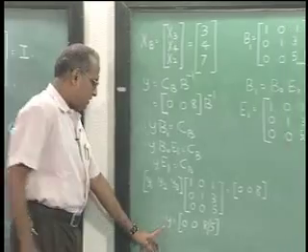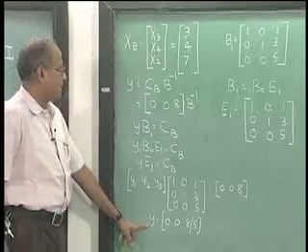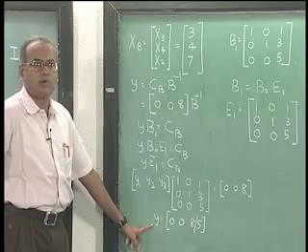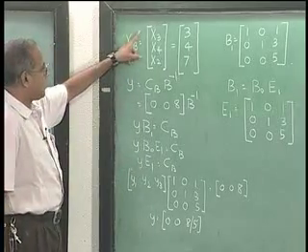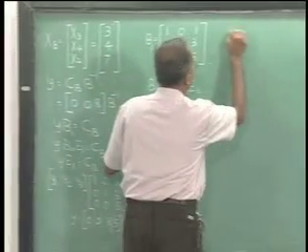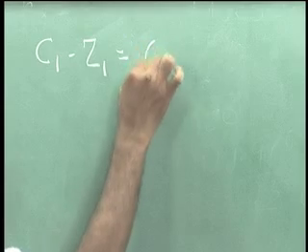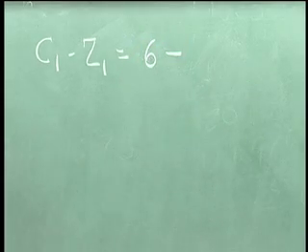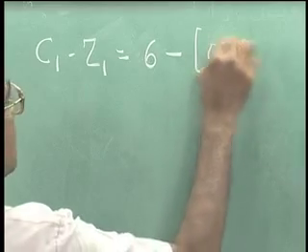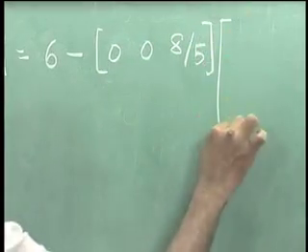So, now with the value of y that we have obtained, we will now go back and find out the Cj minus Zj corresponding to the two non-basic variables which are x1 and x5. So, we have to find out C1 minus Z1, which is C1, 6, minus y P1. So, y is 0, 0, 8 by 5 into P1.